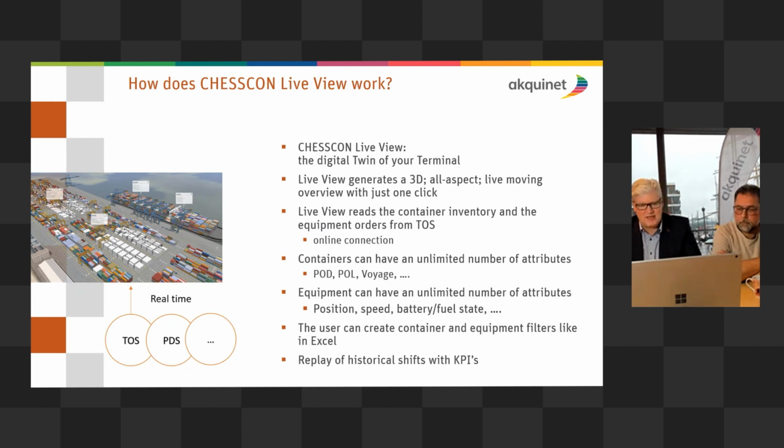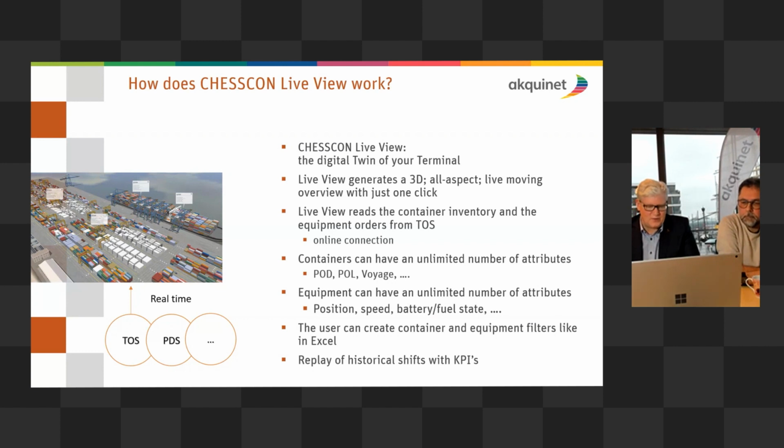dashboards, which you can see here on the left-hand side, immediately showing you what's going on with your equipment or with your container inventory. So this is a system that can be quite easily connected to the TOS or to any sort of data bank or data lake available. So you can have, for example, an unlimited number of attributes regarding POD, POL, and voyage time of your containers and of your equipment.